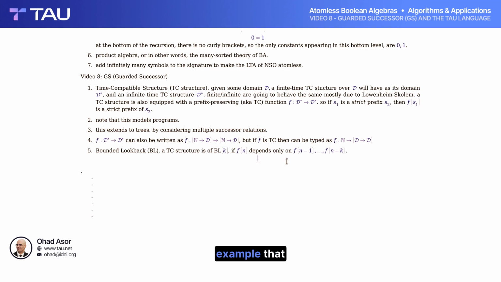Let's take a numerical example: f_n equals f_{n-1} plus 1. Here the lookback is only 1, so this k, in this case, is 1. But depending on where you start the sequence, it is going to influence all time steps. Now, one important point about functions of bounded lookback is that in its type, you don't need to write the natural numbers.